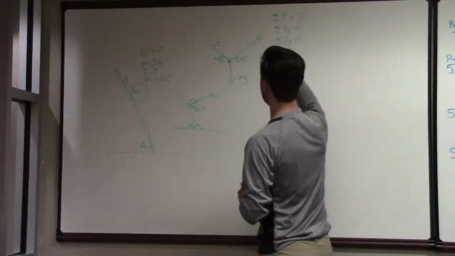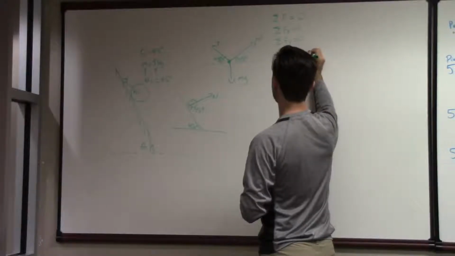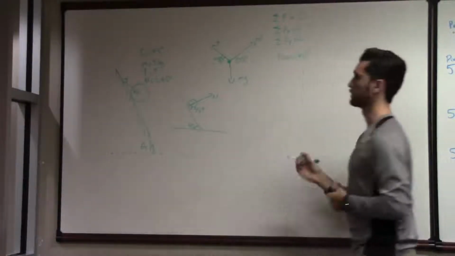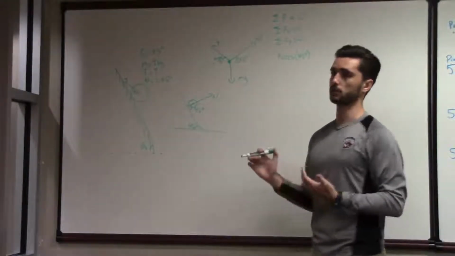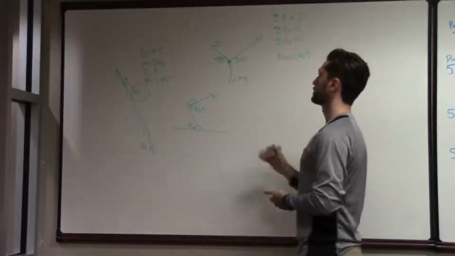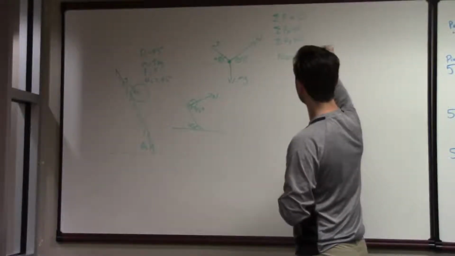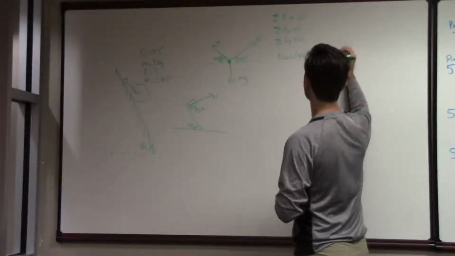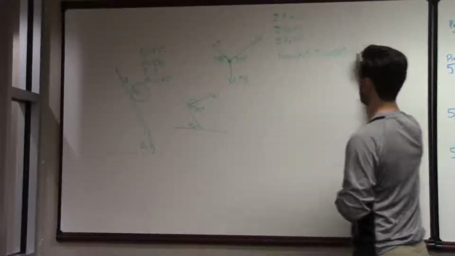So that will be N cosine 45. Okay? Now for the tension. The tension is also at a 45-degree angle, so we can use cosine for it again as well, but it is in the negative x direction. So we will subtract T cosine 45 degrees. This is equal to 0.